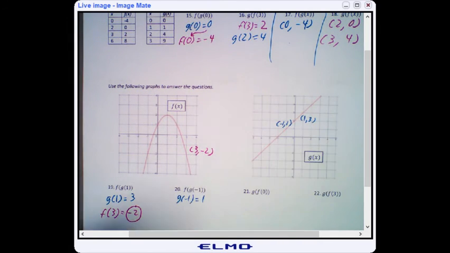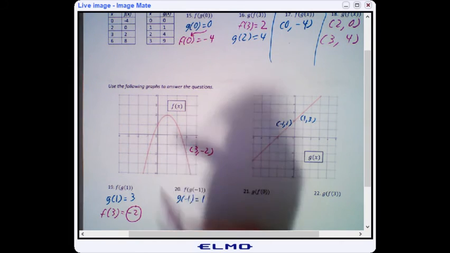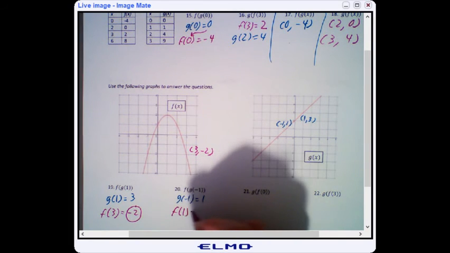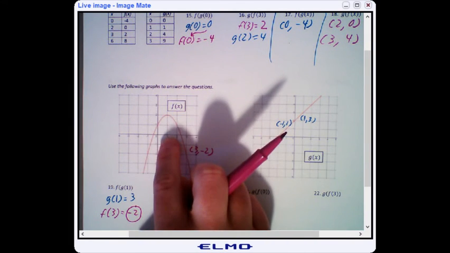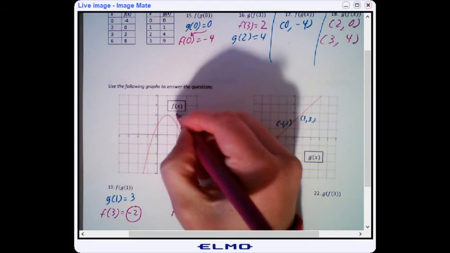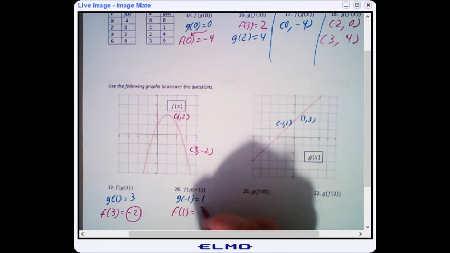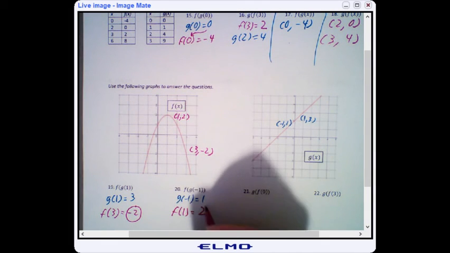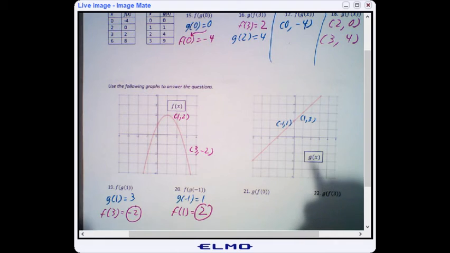That's going to become the input for my next f function. So we're going to do f of 1. So I find 1 on the f, and that's 2. So that would be my answer. f of g of -1 is 2.